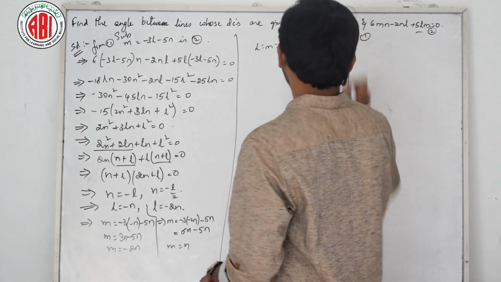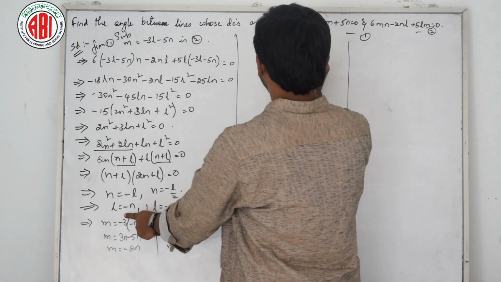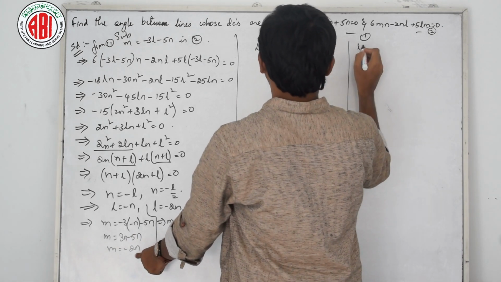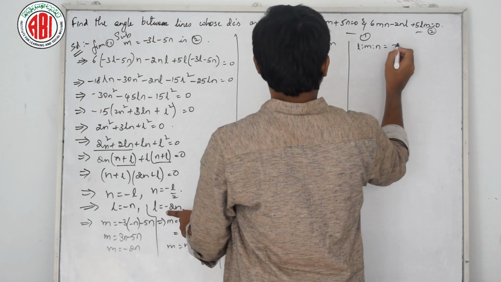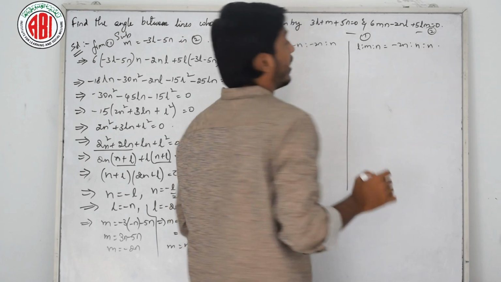For the first case, what is l is to m is to n? l is minus n, m is minus 2n, n is n. For the second case, l is minus 2n, m is n, n is again n.